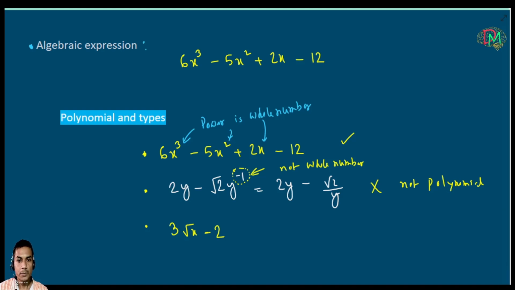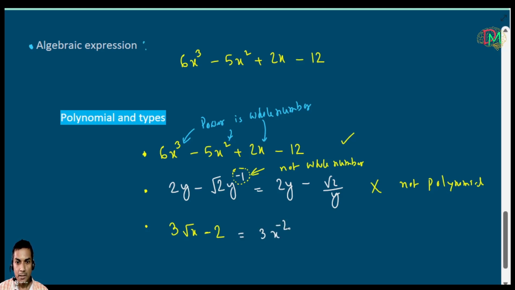Why? Because we can write the given expression as x to the power minus 2, or minus x to the power half. Clear? Minus 2.